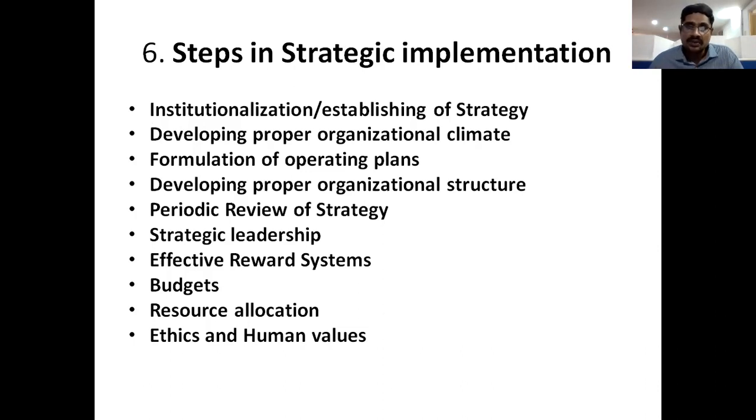If the organizational climate is good and strong, then the implementation process will succeed. If the company's internal organization structure is very poor or weak, then the strategic implementation process may fail. They don't follow the strategies, plans, or future courses of action.